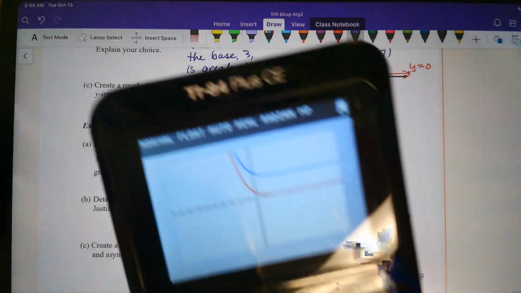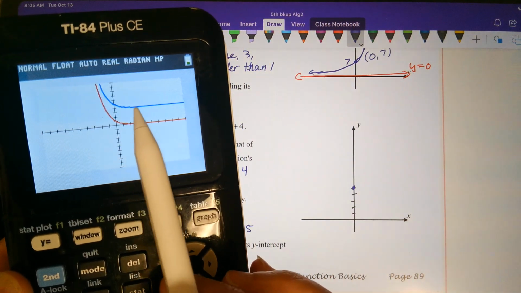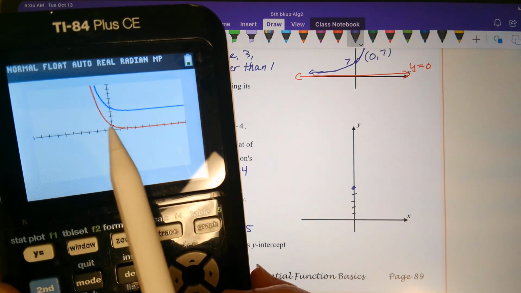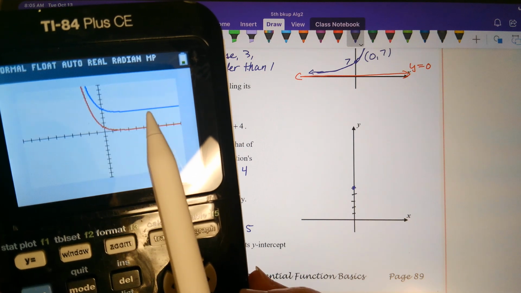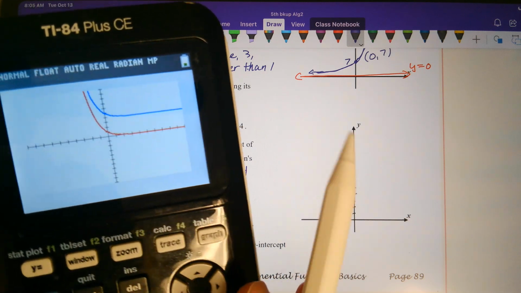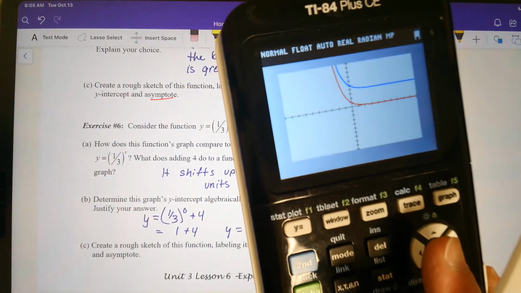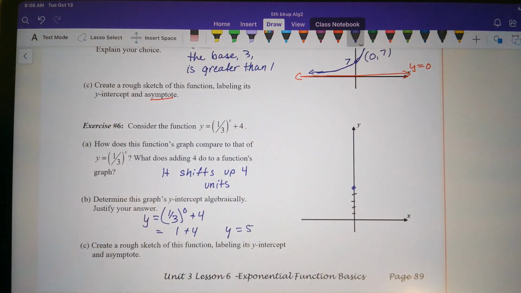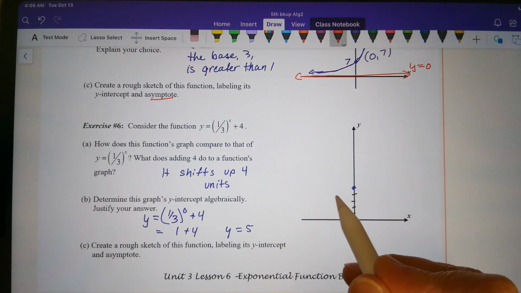And notice, looking at our blue, it looks like our horizontal asymptote, instead of being 0 like the red, if we move up 4, the blue is going to be y equals 4 as our horizontal asymptote for our function y equals 1/3 to the x plus 4. So I'm going to draw my red line first.